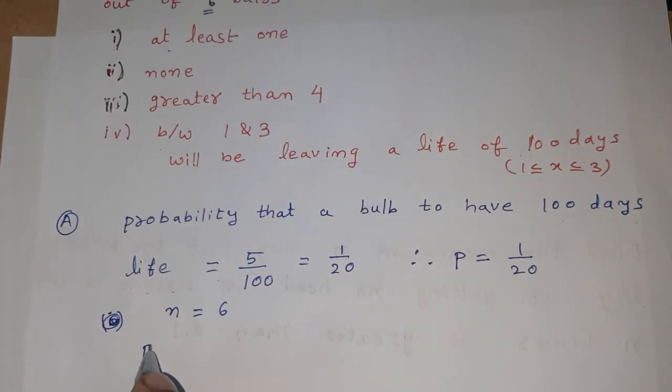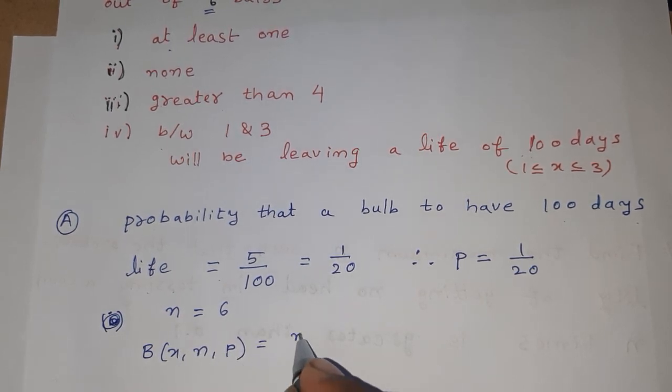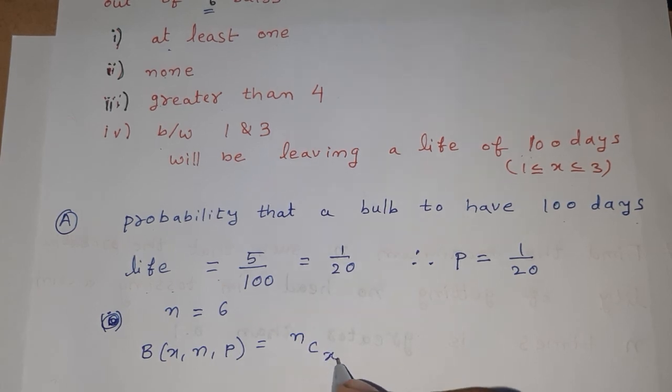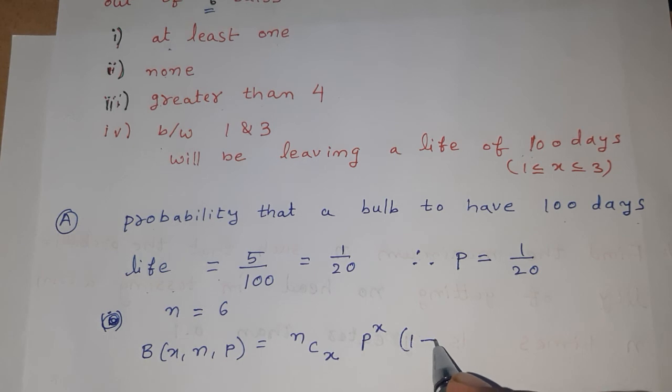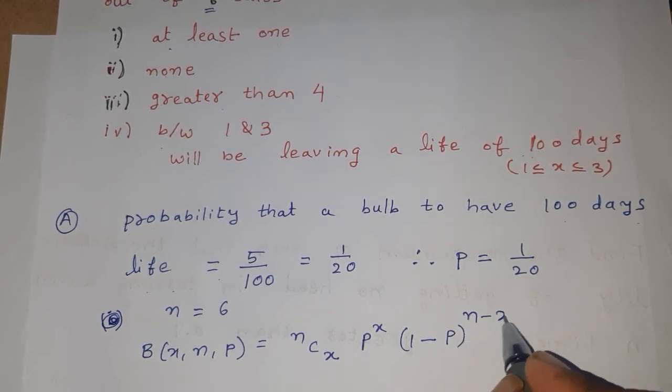As per the binomial distribution formula, b of x, n, p is equal to nCx, p to the power x, the probability for success, and (1 minus p), the probability for failure, to the power n minus x.